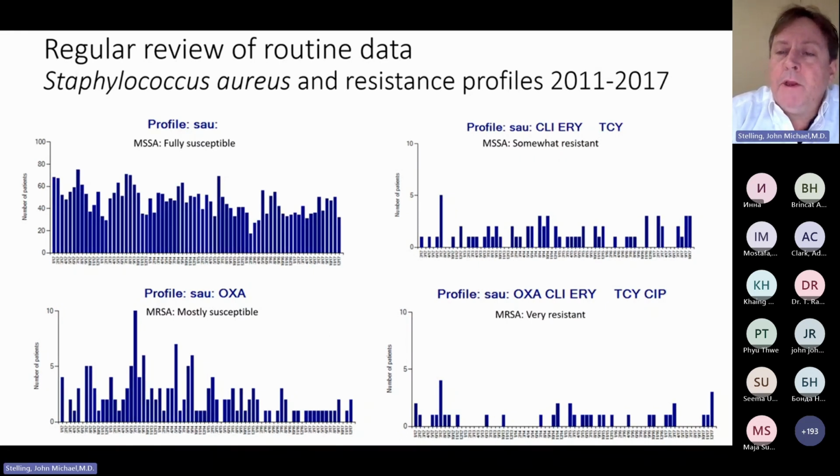In the top right, you see also MSSA. These are oxacillin susceptible. These are methicillin susceptible. But you see they are resistant or intermediate to 3 drugs, clindamycin, erythromycin, and tetracycline. So yes, they are MSSA, but they are a certain kind of MSSA.